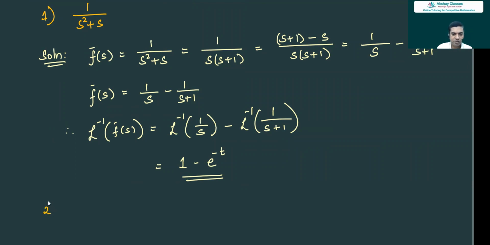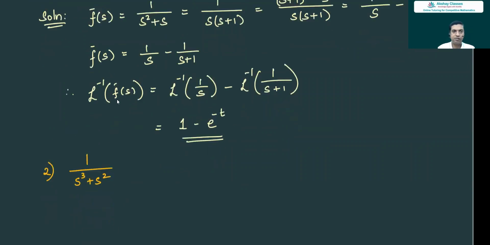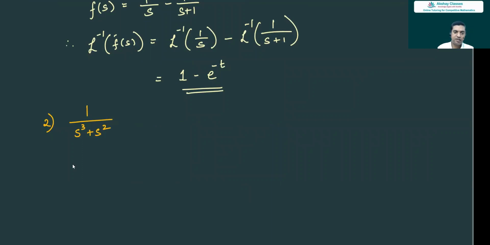Next, let us find the Laplace inverse of 1 upon s cube plus s square. Similarly, f bar of s is 1 upon, now I will write directly, s square into (s plus 1).